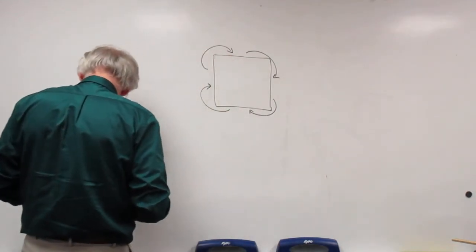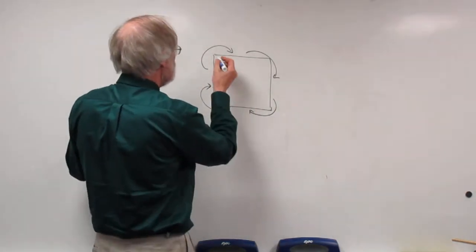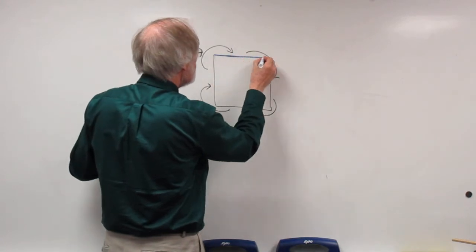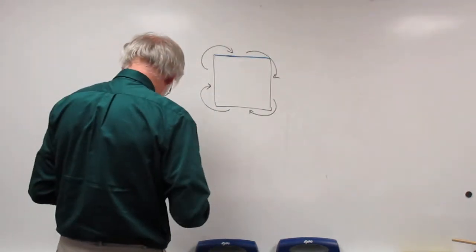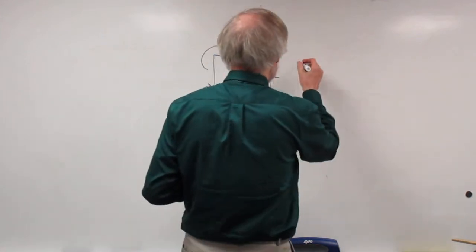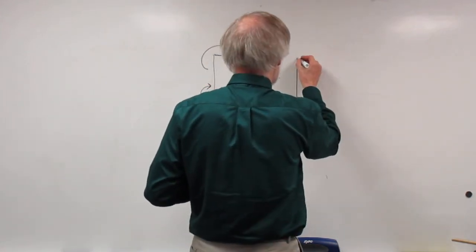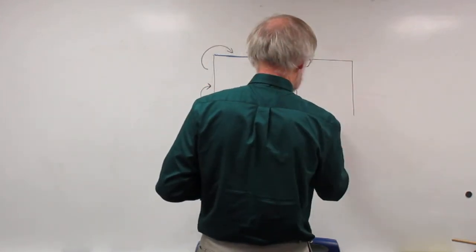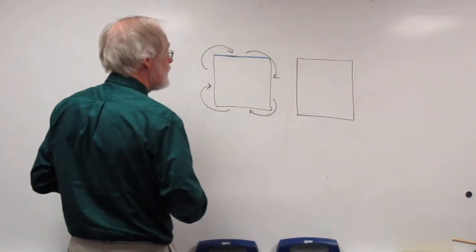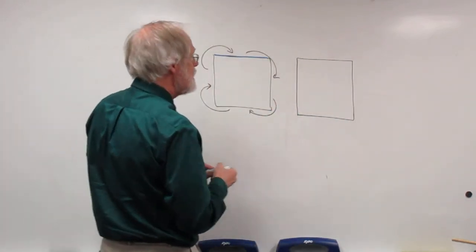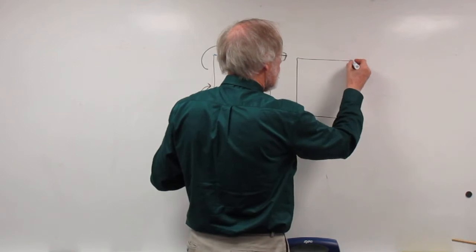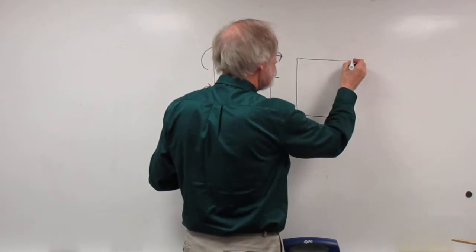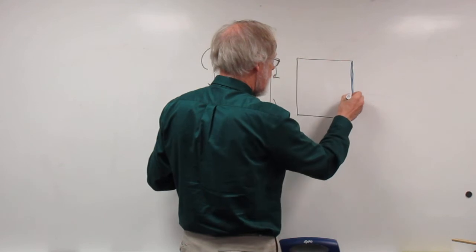If I make one of these lines blue, and here's the blue line. Now I'm going to redraw it as a 90-degree rotation. Here's my square again. But now, because I turned it 90 degrees, this is now where the blue line ended up. I'm only doing this so that you can kind of see what's happening.